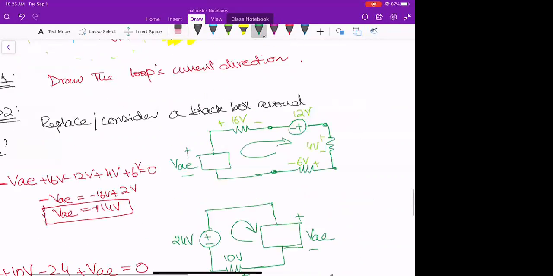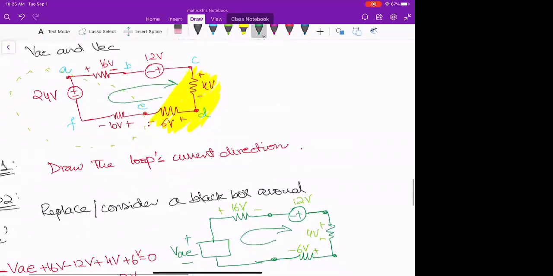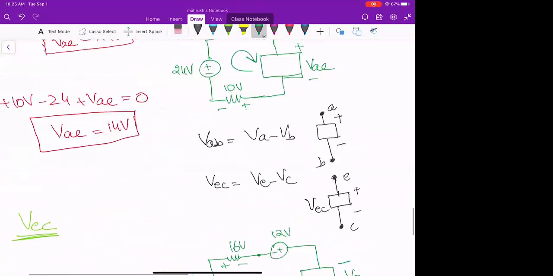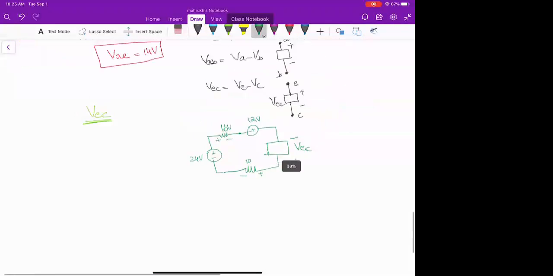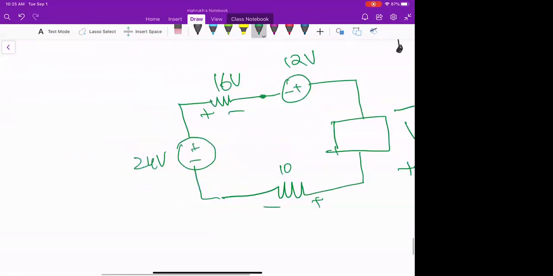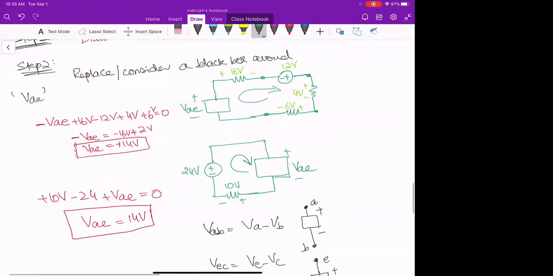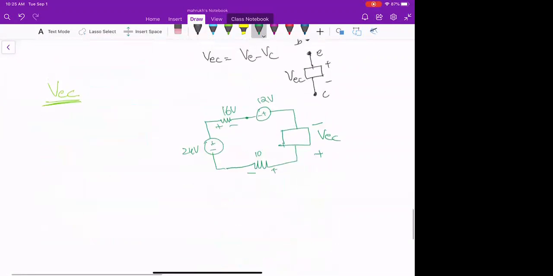And I should keep the signs as well, plus minus. And this was 10 volts. Just need to confirm. Okay, so plus minus 10 volts, 24 volts, 16 volts, 12 volts, okay? So we are good.